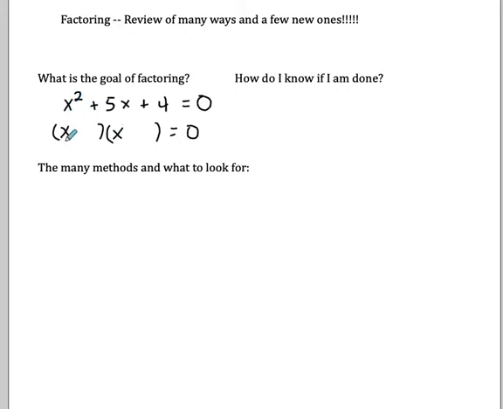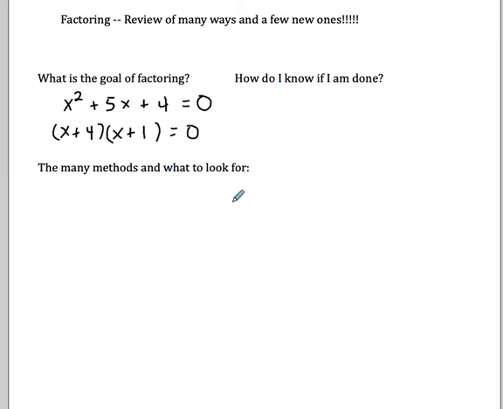So here I've got the x squared part already, so I need the constants to multiply together to 4, and they need to add up to 5. So two terms that would multiply to 4 and add to 5 would be positive 4 and positive 1. So my two factors for this trinomial are x plus 4 and x plus 1.